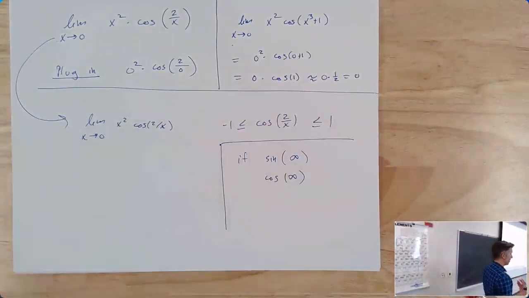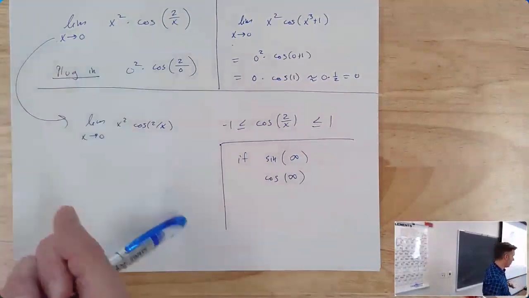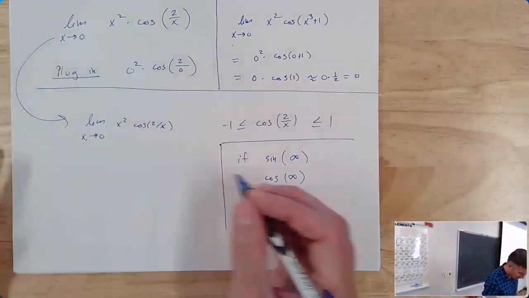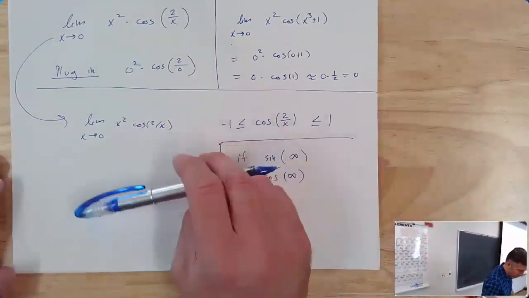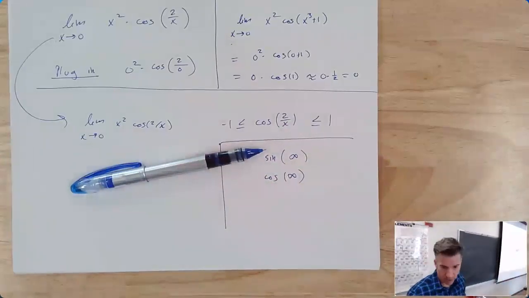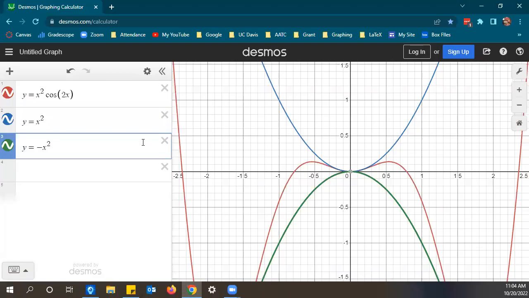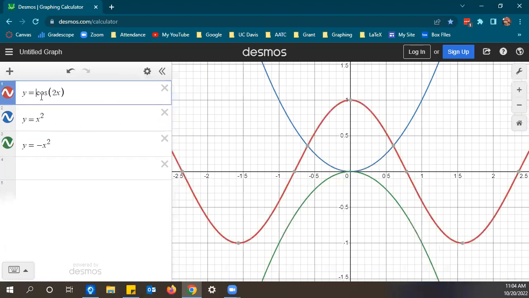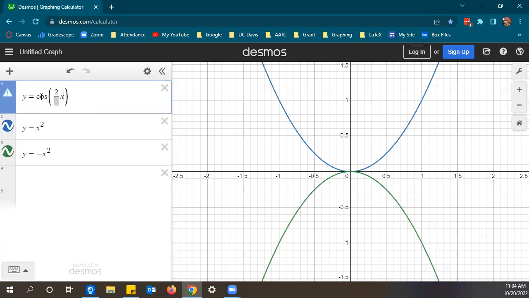Here, we're going to say that that's between -1 and 1. Also, back to our graphing stuff, just for fun, because I think it's fun, here's cosine of 2 divided by x, much wilder looking.